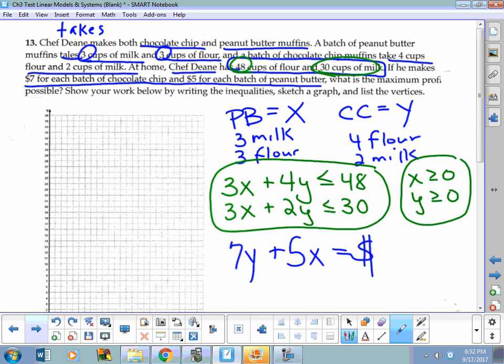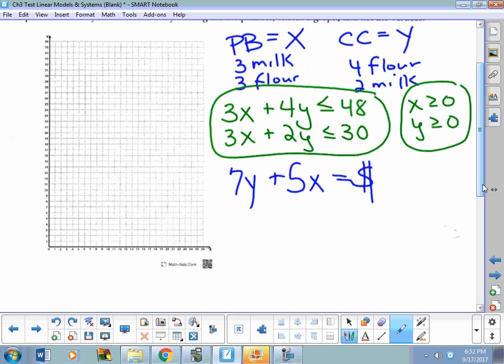You head into Desmos, you graph these two things, and what you get, I'll kind of draw a quick graph of it. I won't be super accurate. My scale here went a little bit too far because really we're only going to go up to about 15 and 10. There's a line that kind of goes like that. And there's another line that goes from about 12 and goes across to about 16 or so.